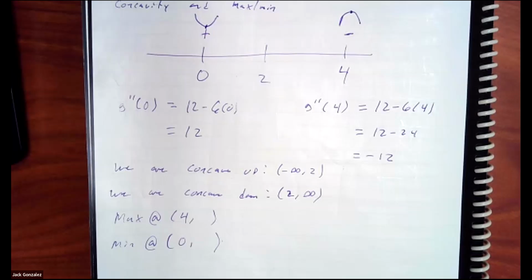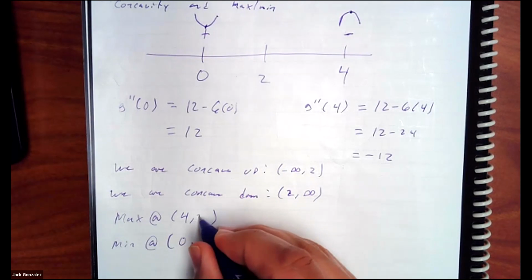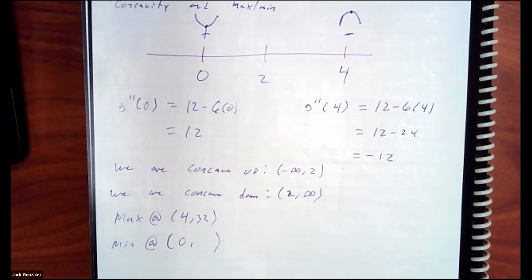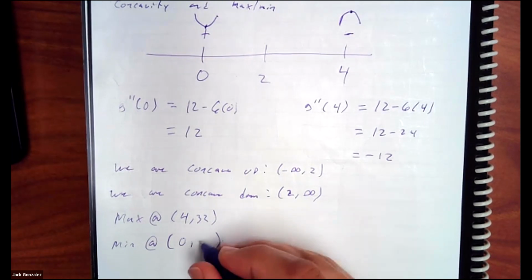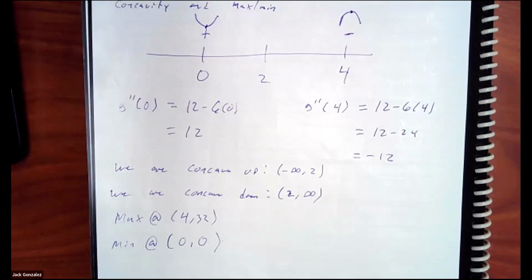Sorry, what did you say? Because the negative infinity to 2 is going up. Yeah, opening up. Yeah, concave up means it's opening upward.